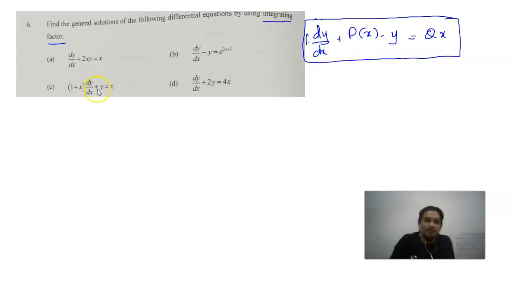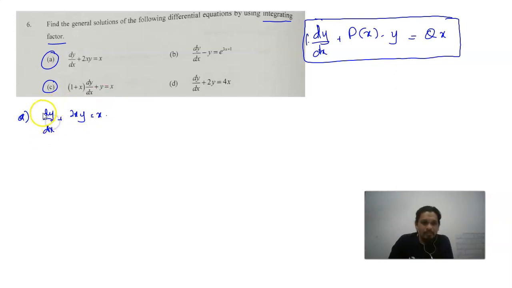So for example, I choose question A here: dy/dx plus 2xy equals x.